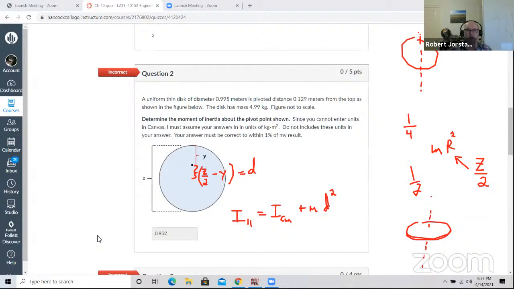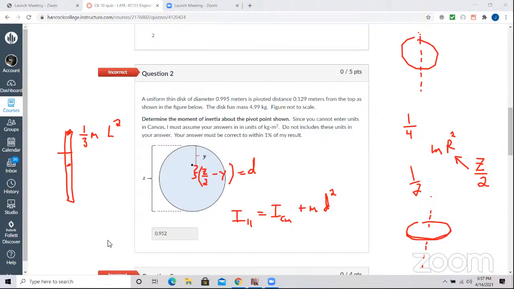The problem with the rod that people have is they oftentimes use the moment of inertia at the end, which is 1/3 ml squared, but you can't shift using that formula. You have to shift from the center. Now I know what I should have done.